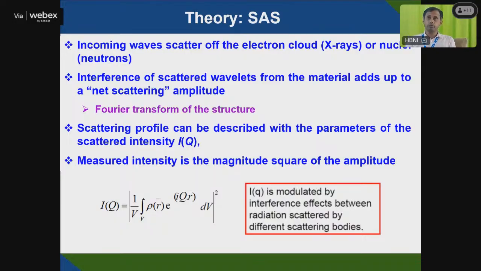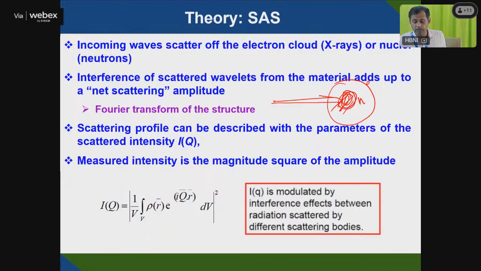So here, if you see the theory of this small angle X-ray scattering or neutron scattering, you have incoming waves. Those waves are scattered by the electron clouds, either X-ray in the case of SAXS, or by nuclei in the case of neutrons. If a wave is coming here, it will interact with the particle, and the particle may be an electron cloud, outer electron cloud, or inner, if it's a nucleus.